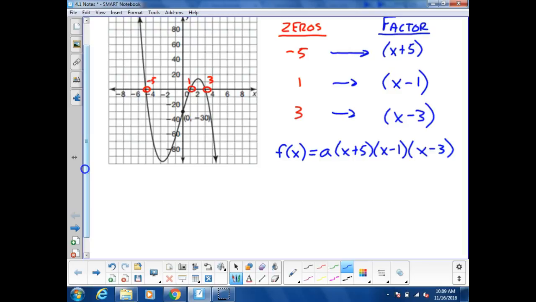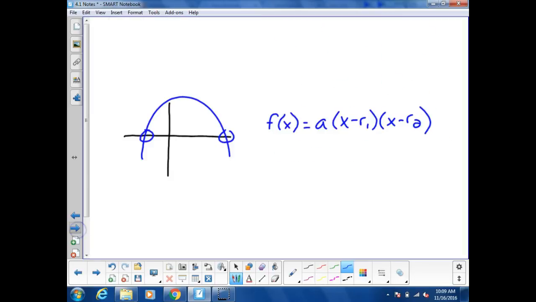Now what? I can't multiply them out? Don't need to. That's busy work. How am I going to figure out a, Megan? No clue. Okay, let's go back old school then. How did we figure out a here?